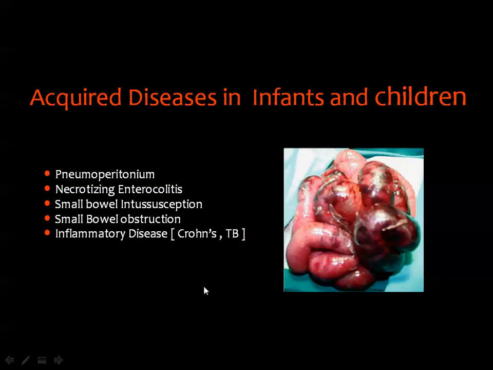Then we came to the acquired lesions of the small bowel. We would like to say something about pneumoperitoneum, necrotizing enterocolitis, small bowel intussusception, small bowel obstruction, and some of the inflammatory diseases like Crohn's disease and TB.